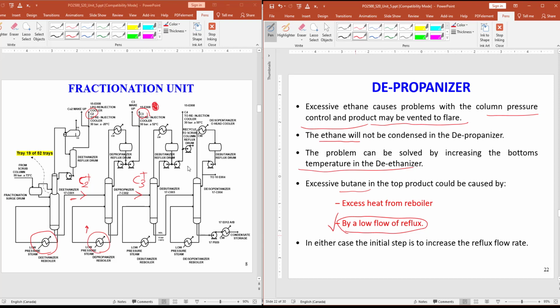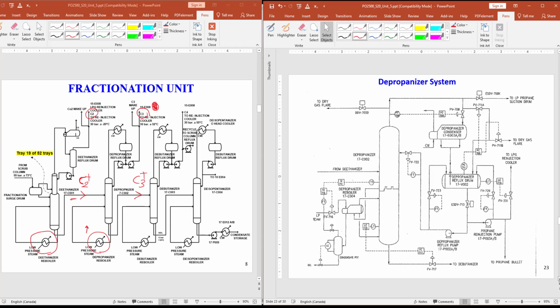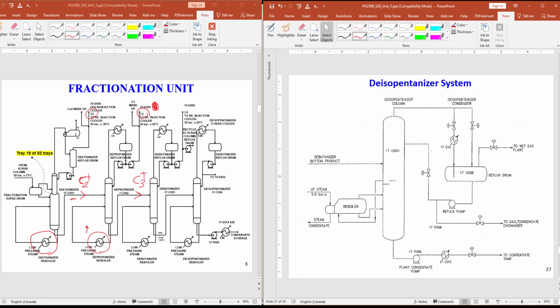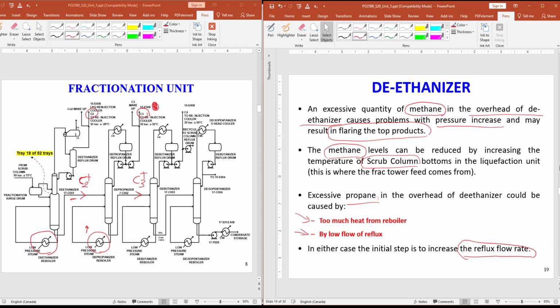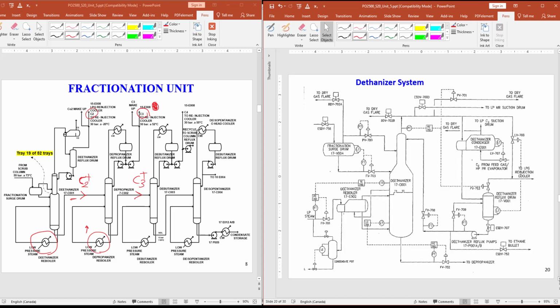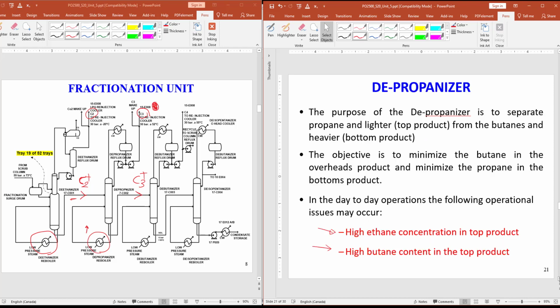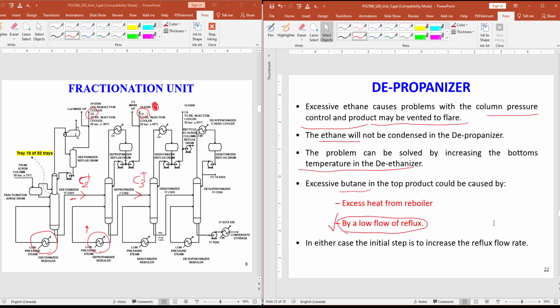Okay, let me revise it. In both cases, maybe I said high flow rate of reflux, but it's low flow rate of reflux.